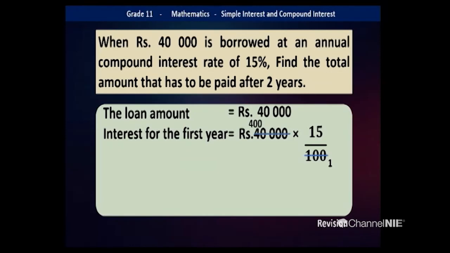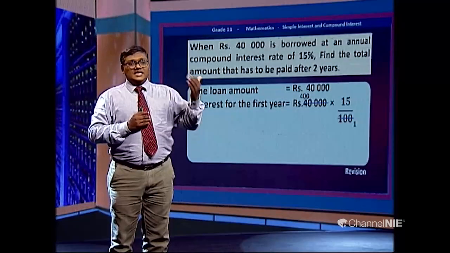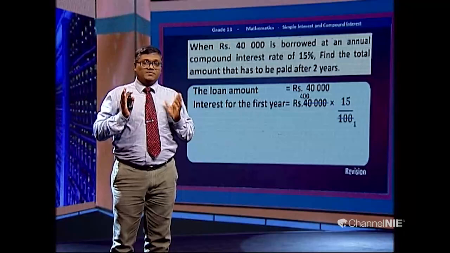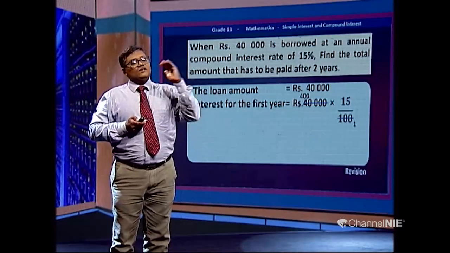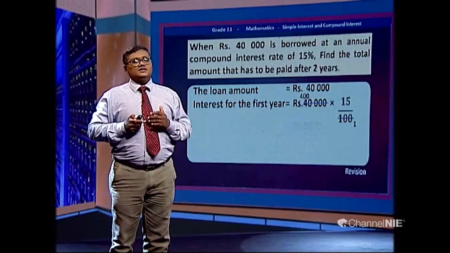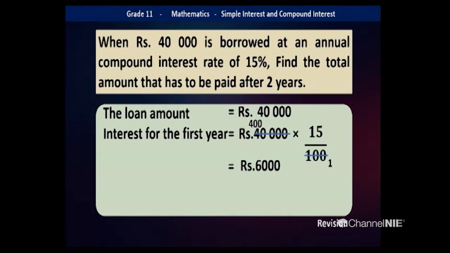You can watch this again and again and follow this. Now it is on the YouTube channel. If you miss this one, you can try again and again under the channel NIE. Remember that also. You have to practice it. Then you calculate the interest for 1 year, that is 6,000. The first year interest is 6,000.